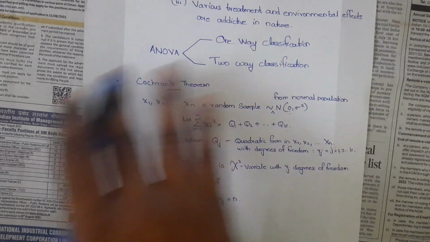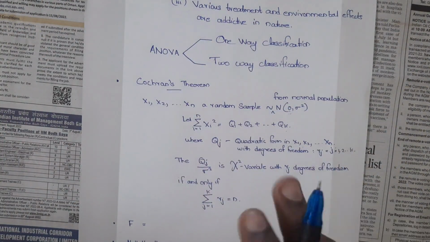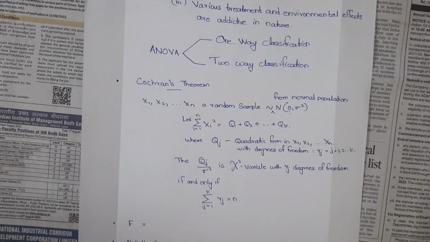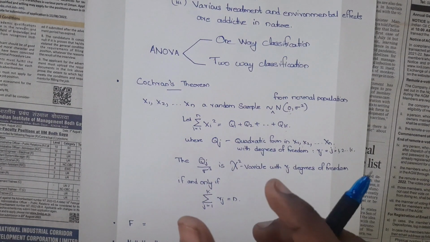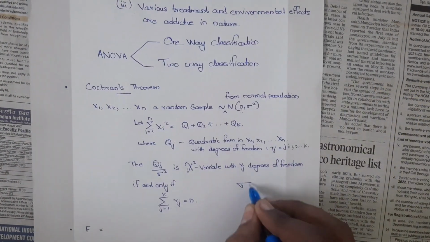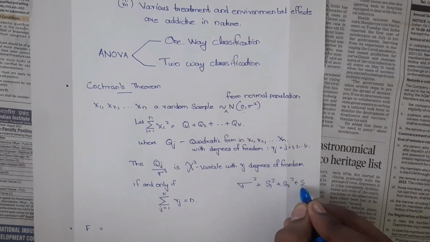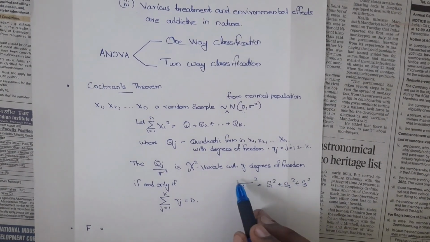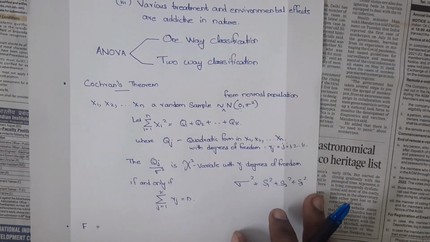We can write capital sigma square equal to small s1 square plus small s2 square plus small s3 square. Each of s1 square, s2 square and s3 square has its own degrees of freedom. Here the total variance we have divided into three component variances.